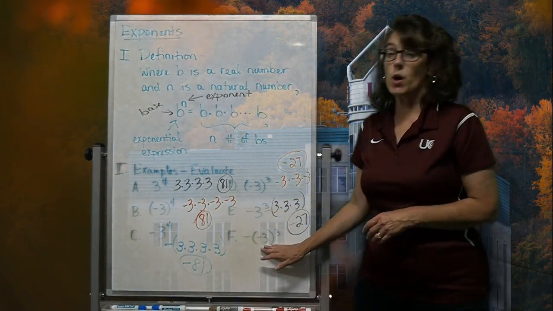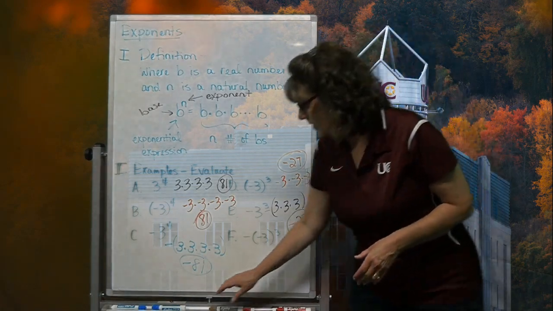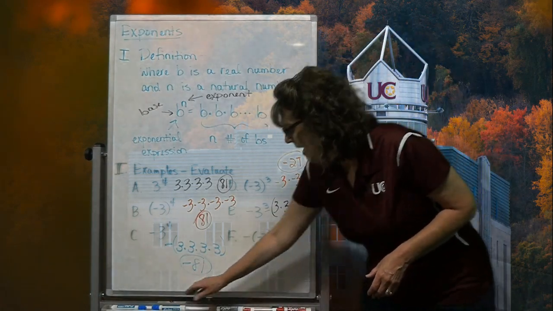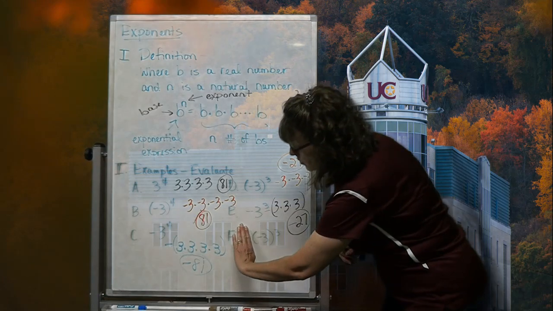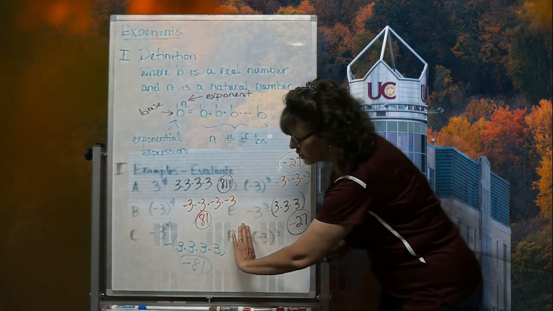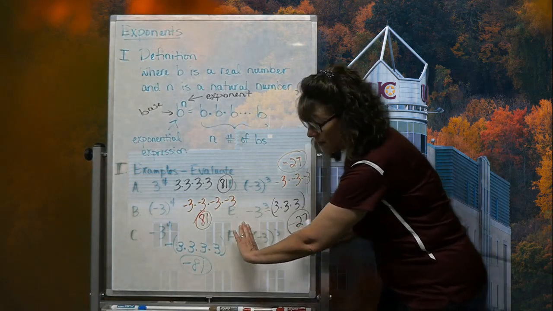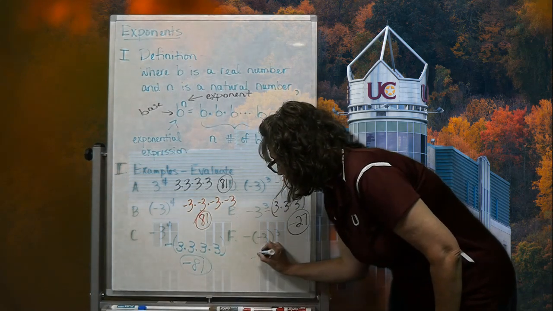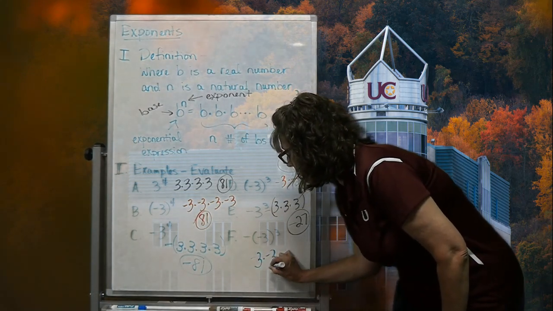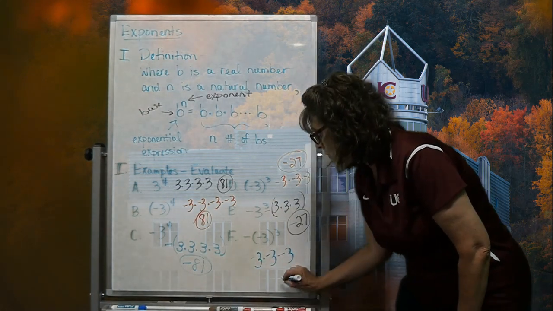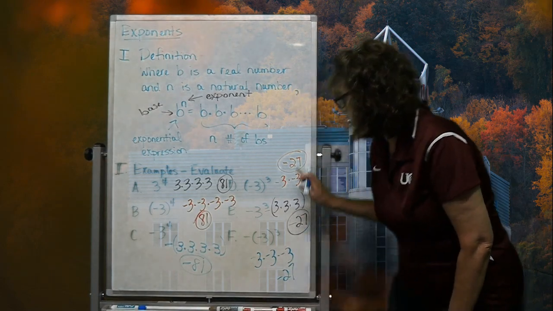But notice this one. Wow, a lot happening here. In this one, what's happening is it says, let's do this part. Negative 3 to the third, meaning negative 3 times negative 3 times negative 3, which is a negative 27 as we saw up here.